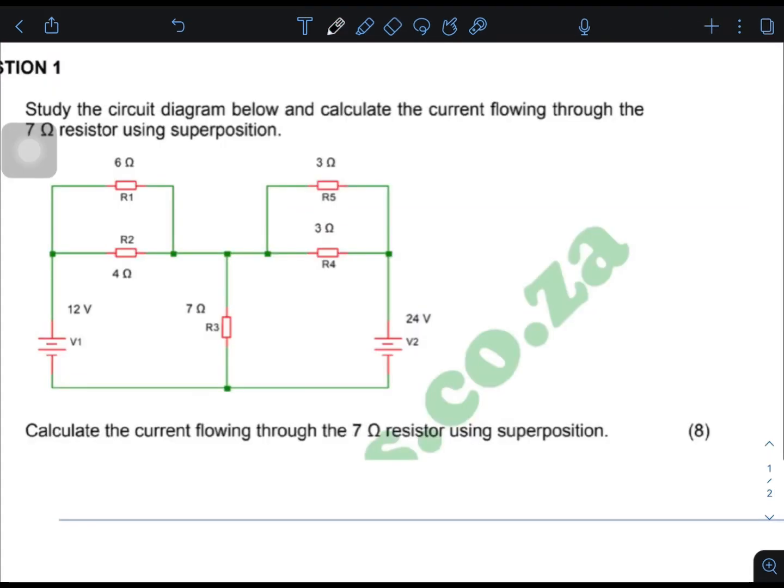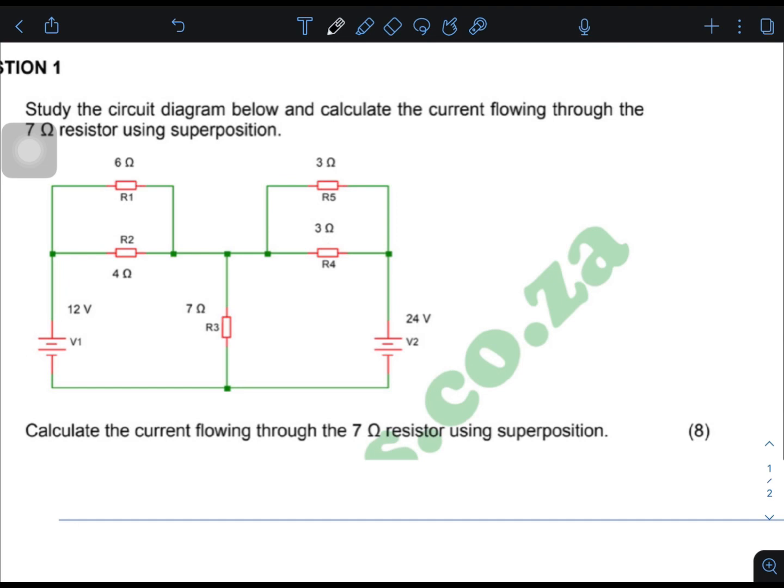Guys, now that you know everything about superposition, I've picked a question up from a question paper. I think it's July 2018, if I'm not mistaken. Study the circuit below and calculate the current flowing in the 7 ohm resistor using superposition.